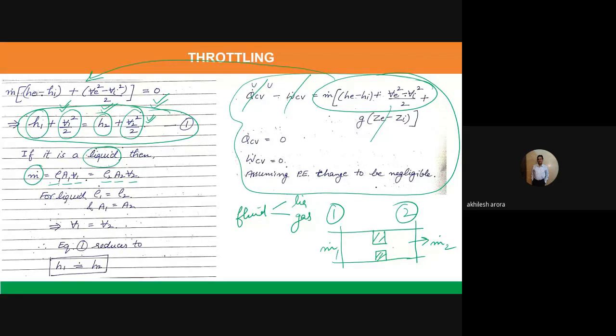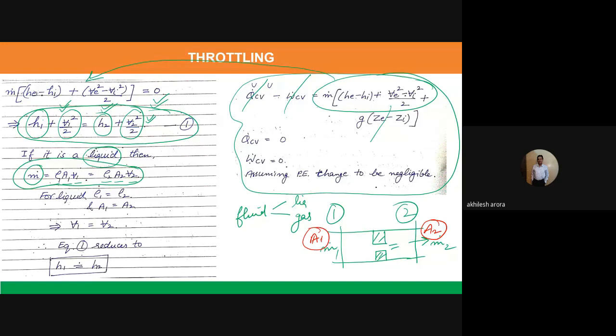So I can write rho 1 A1 V1 is equal to rho 2 A2 V2. Now you tell me, is there any change in the area of the pipeline? No, there is no change in the area of the pipeline. If I say the area here is A2, because there is no change in the diameter, A1 is equal to A2. So this cancels out from this equation.